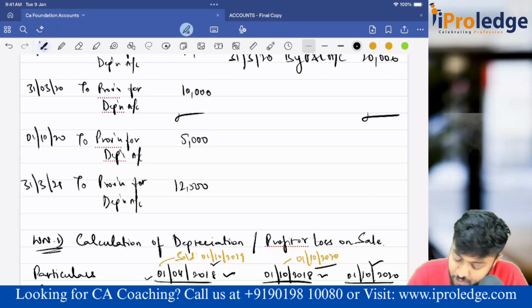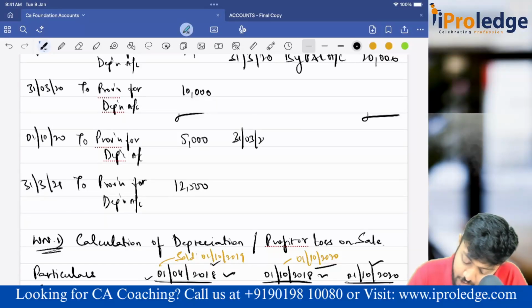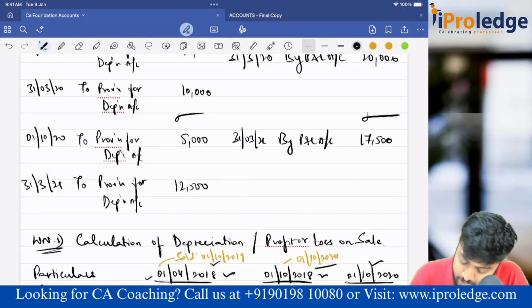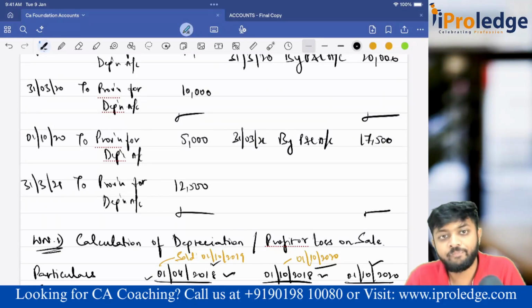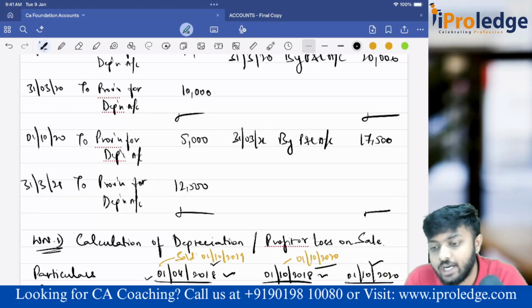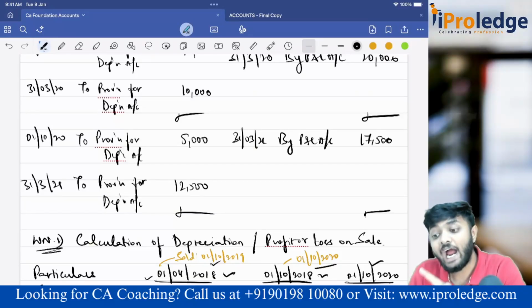The entire amount will be transferred to P&L account at the end of the year. By P&L account, 17,500. Close. So we are done with the entire accounting. This is how you do the sale accounting when provision for depreciation account is maintained and when they have not asked for machinery disposal.